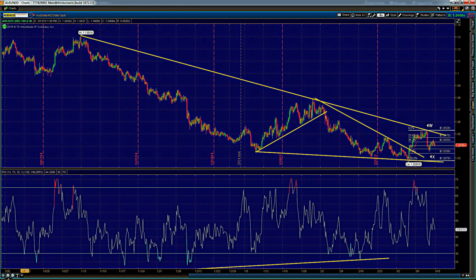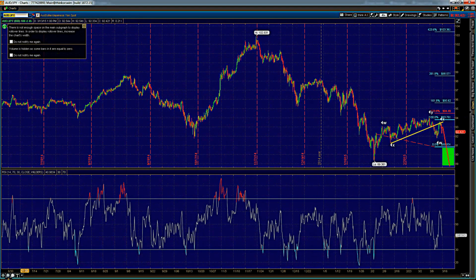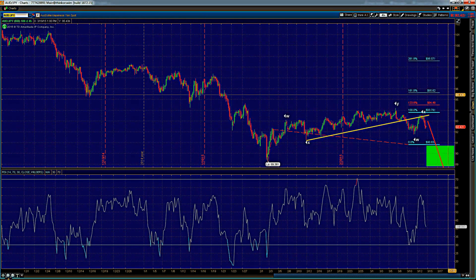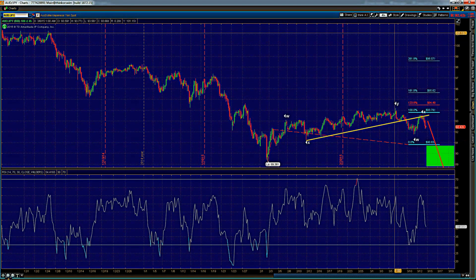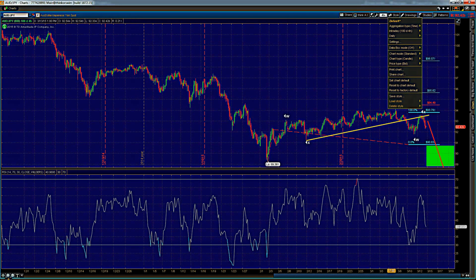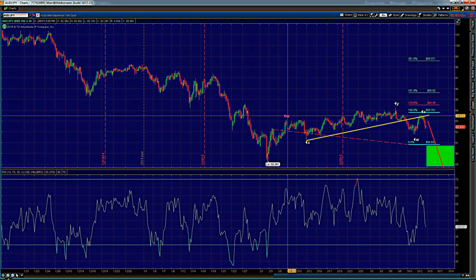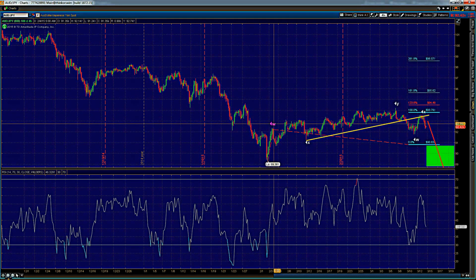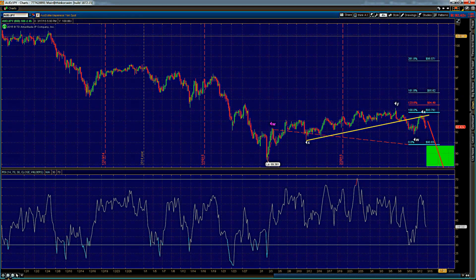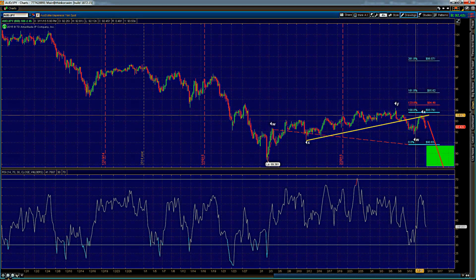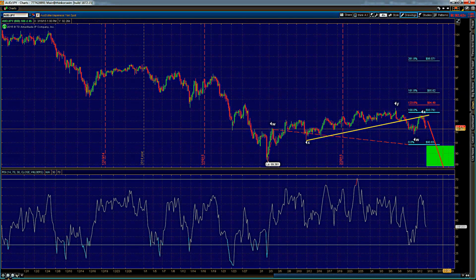Alright, then we have the Aussie yen. Aussie yen, alright, nice break of the trendline resistance. Before we had this wave, this W here at the top, I slid it over, because we broke this trend line. We came back to a kiss, a back test.